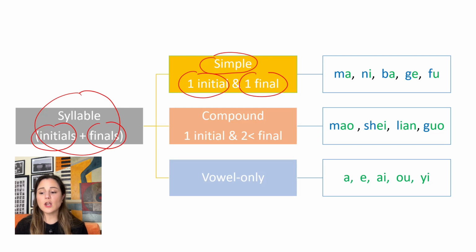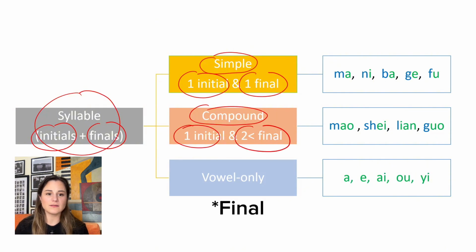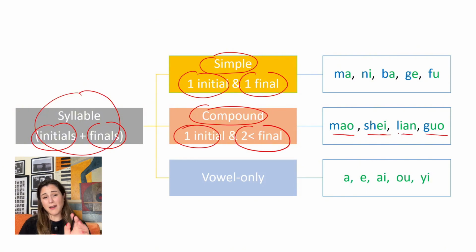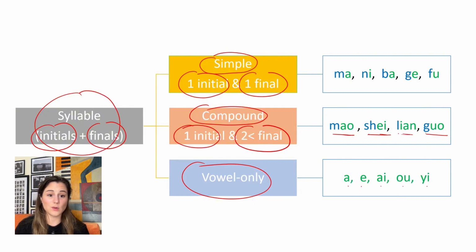And we also have a compound syllable, which is made by one initial and more than one final. So, m, ao, mao, sh, a, sha, l, ian, lian, g, uo, guo, right? We haven't discussed the 3rd one, but I will tell you right now. We can also have a vowel-only syllable. So, a, ai, o, yi, they are actually words.